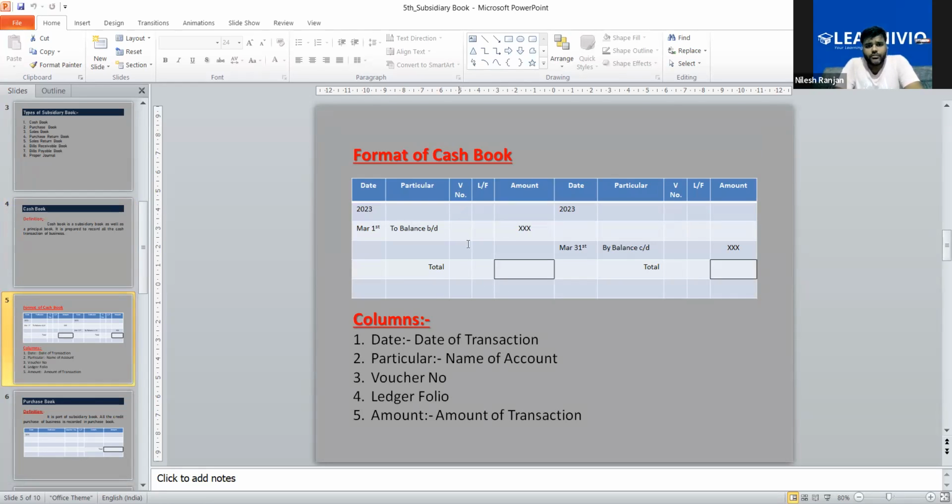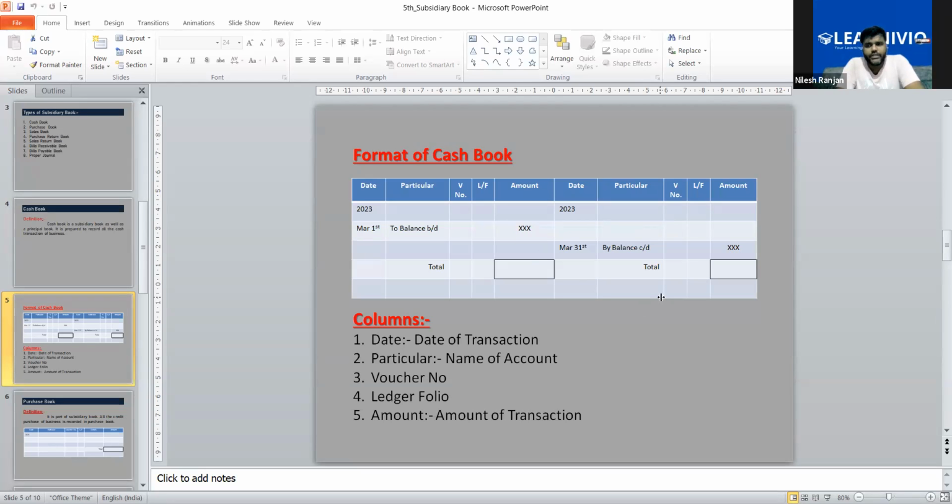Date, particulars, voucher number, LF, amount, date, particulars, voucher number, LF. Only two columns are not the same as the ledger: voucher number and LF. Every transaction recorded in the cash book is recorded in the same manner as in the cash account in the ledger.